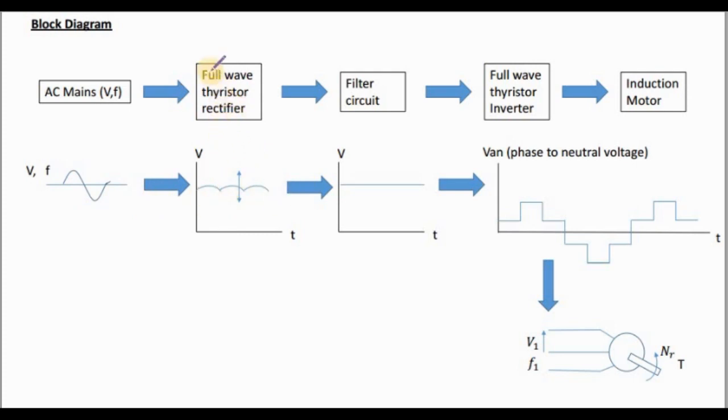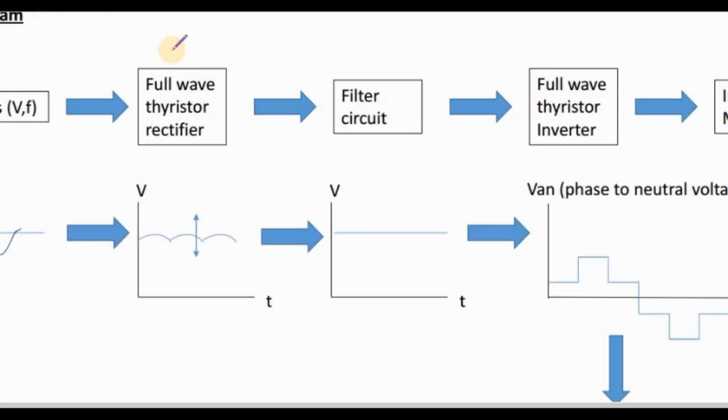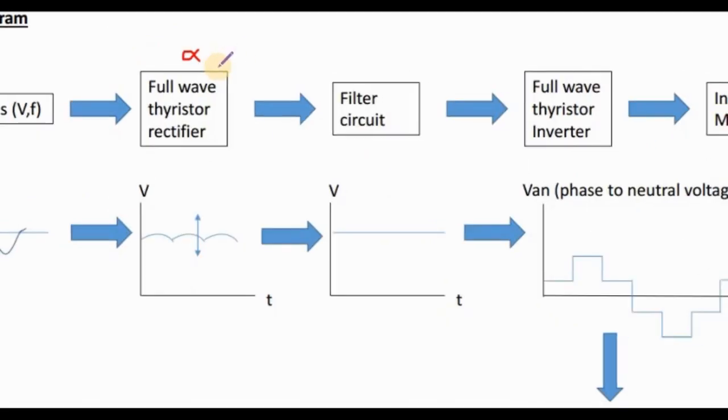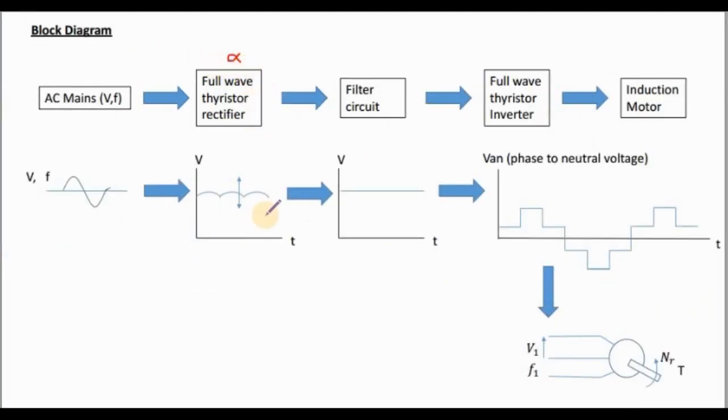So here, if you change the firing angle alpha of the thyristors, you can get variable voltage with small ripples.